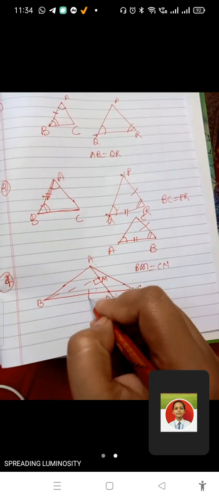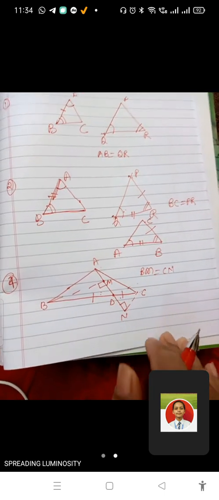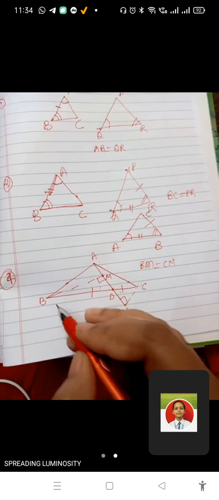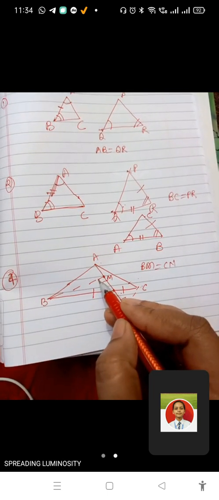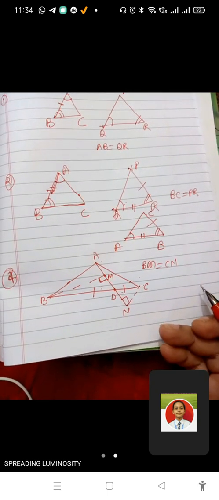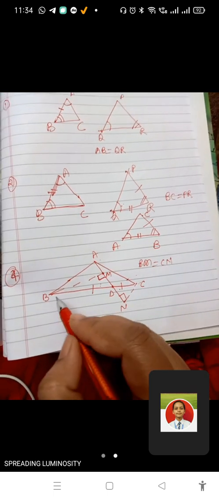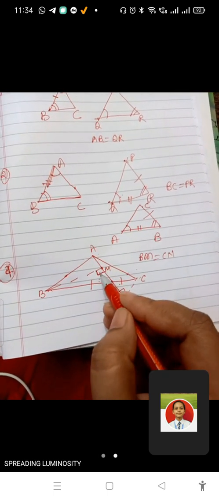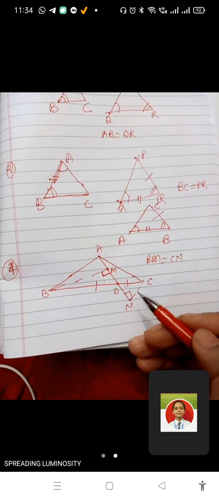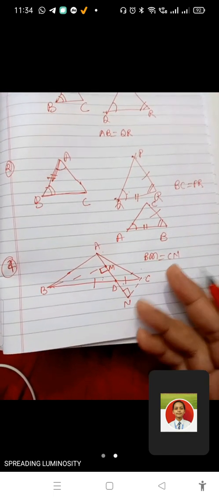Median is the side which divides the opposite side into two equal parts. And altitude falls at 90 degree angle. Altitude makes a 90 degree angle with the opposite side. So this is the difference between median and altitude. It is given that AD is the median of triangle ABC.